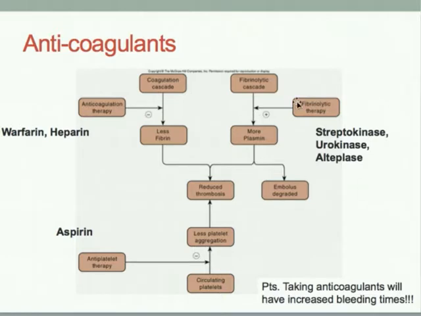So those drugs are called fibrinolytic. They're part of the clot buster regimen that's given to patients to help dissolve the fibrin and liberate the clot.